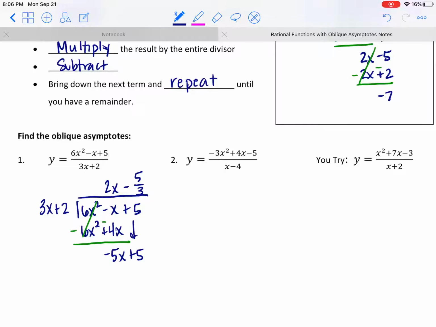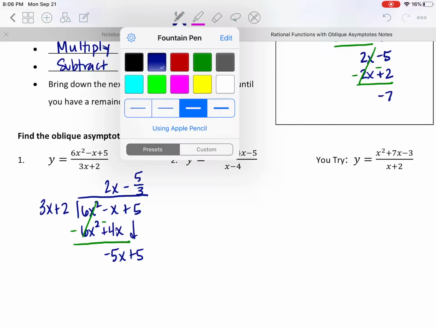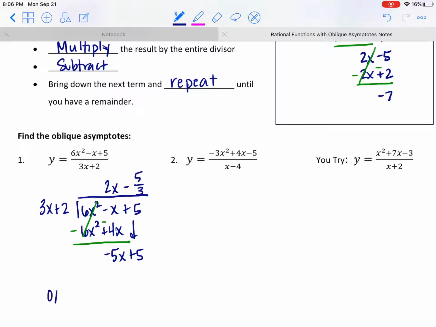And I could multiply and keep going and get the remainder, but I don't need to. All I needed was the equation of the line where my oblique asymptote is going to be, and that's that quotient. So this graph is going to have an oblique asymptote at this linear function, y equals 2x minus 5/3.